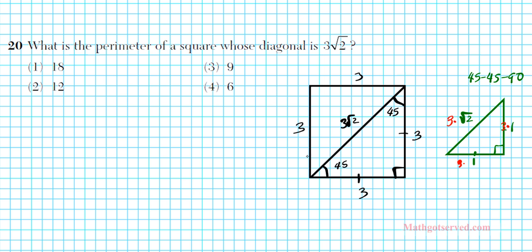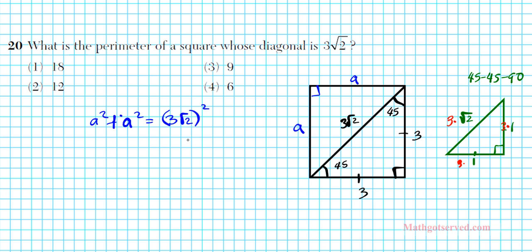Another way you can figure out the length of the sides is by using the Pythagorean theorem. Since you know it's a right triangle, you just label the legs with the same variable. I can call this A and call this A. According to the Pythagorean theorem, A squared plus A squared is equal to 3 root 2 squared.